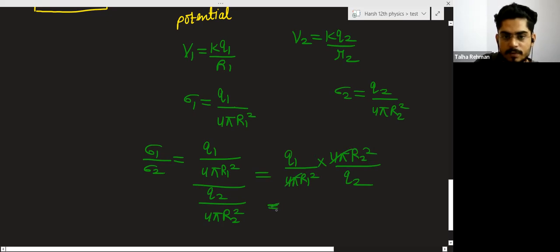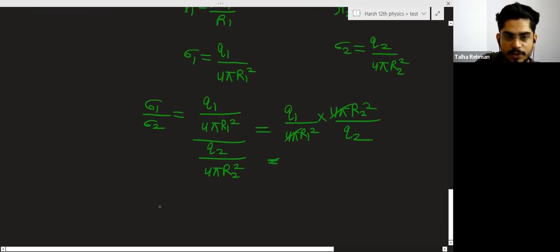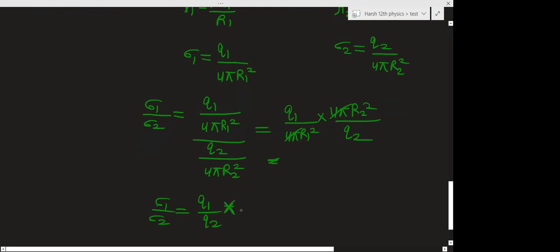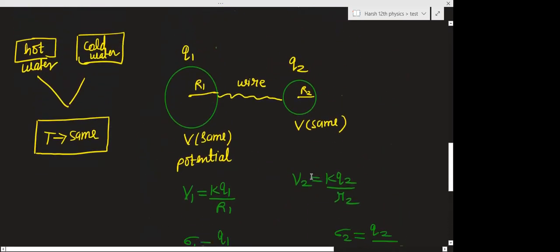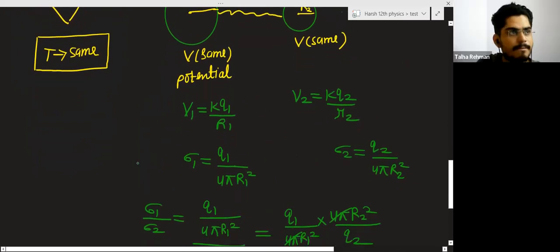Now we have sigma 1 by sigma 2 equal to q1 by q2 multiplied by r2 by r1 whole square.